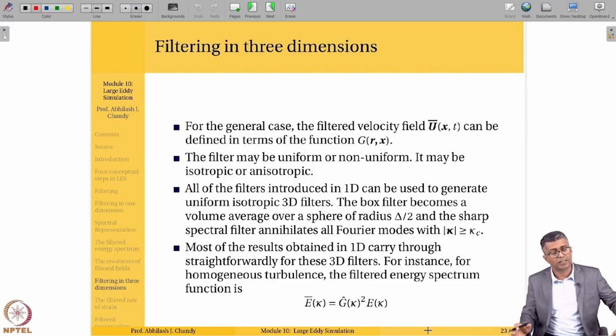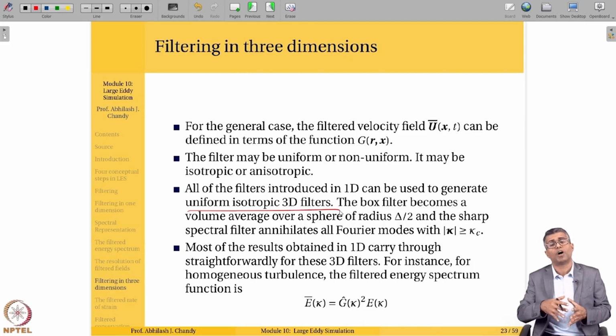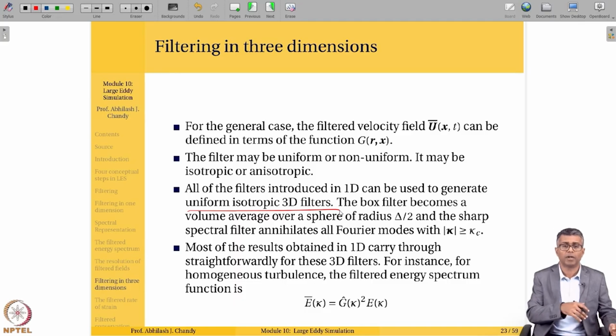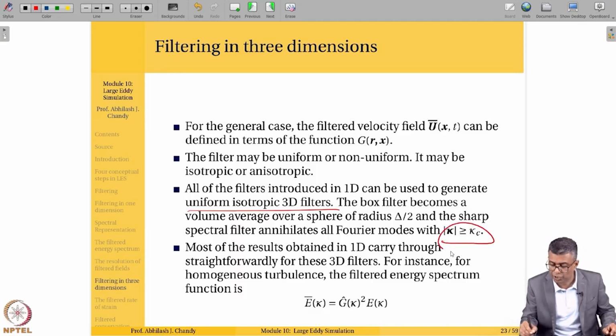Now, any filter that we have seen before, all the examples introduced in 1D, can be used to generate uniform isotropic 3D filters. So the box filter basically becomes a volume average over a sphere of radius delta over 2, and the sharp spectral filter removes all wave numbers corresponding to a wave number magnitude greater than or equal to kappa c, isn't it?